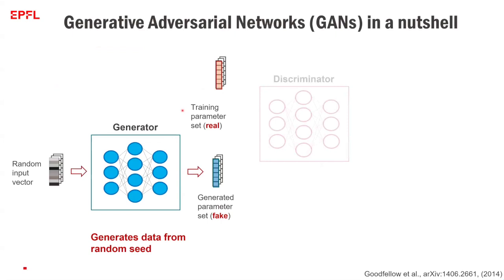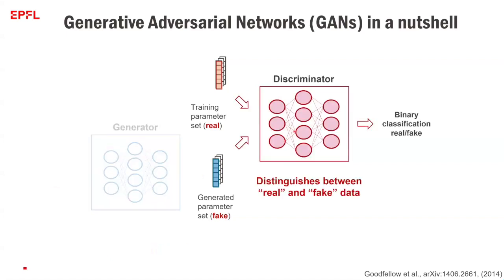In ideal case, this synthetic data for us would be the parameters of our models. And this network is coupled with another neural network, which is called discriminator. The role of discriminator is to compare the synthetic data created by our generator with the training parameter set that comes from traditional methods. And based on this comparison, discriminator is supposed to tell you if the data that are synthetically generated are true or false.